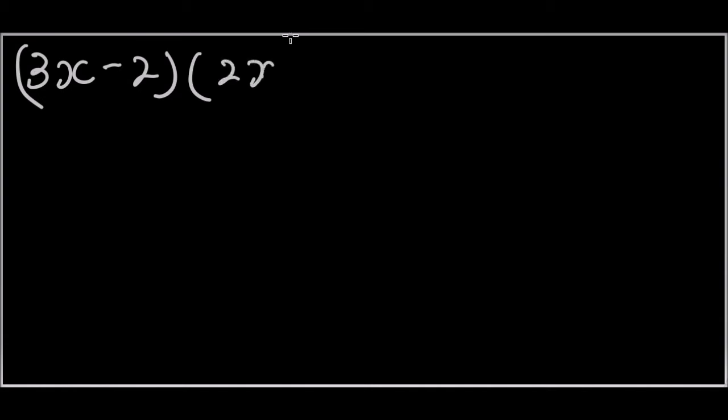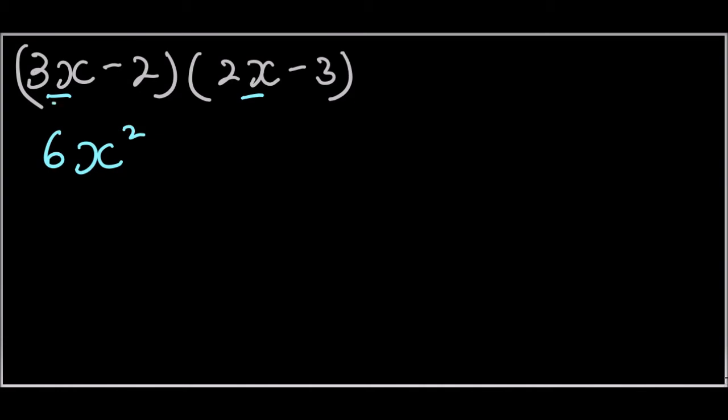In this example, we are going to expand 3x minus 2. We put the bracket, and we also expand 2x minus 3. So that is our factors. So what we do here is we multiply 3x by 2x, and that gives us 6x squared.